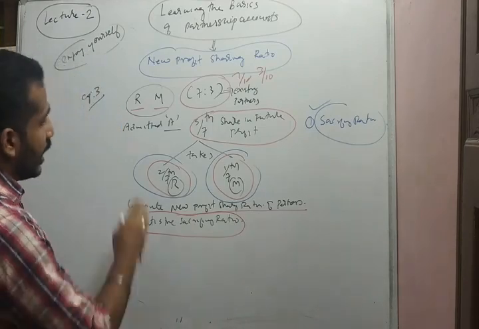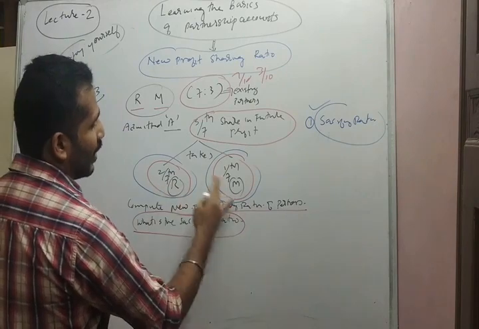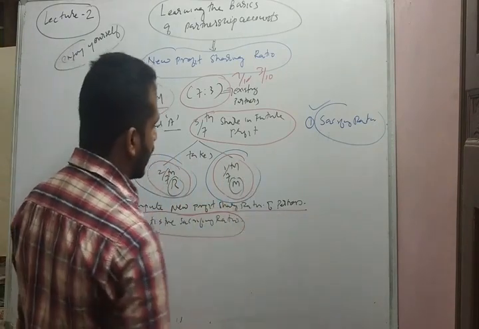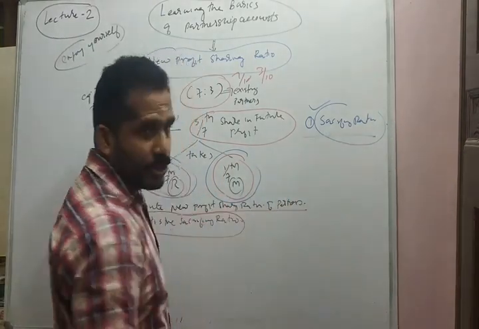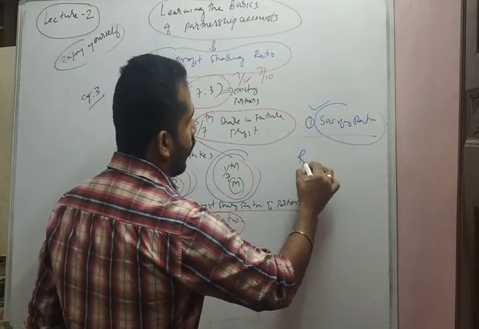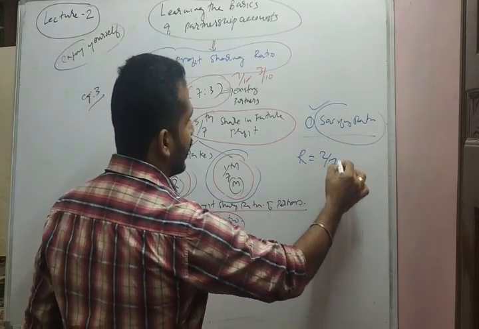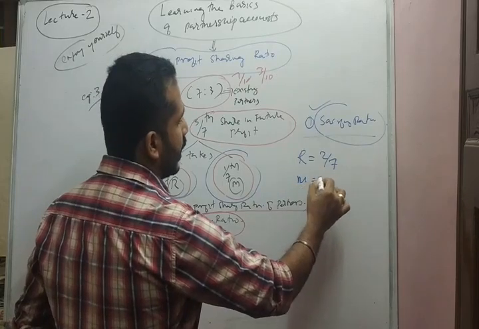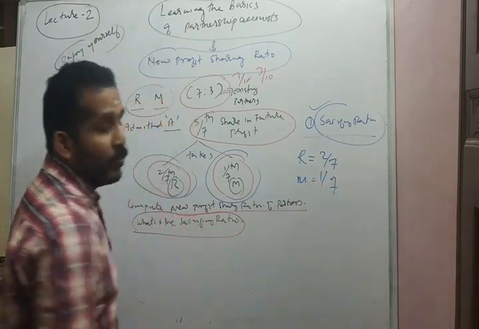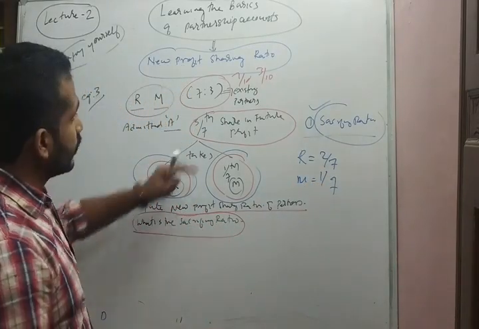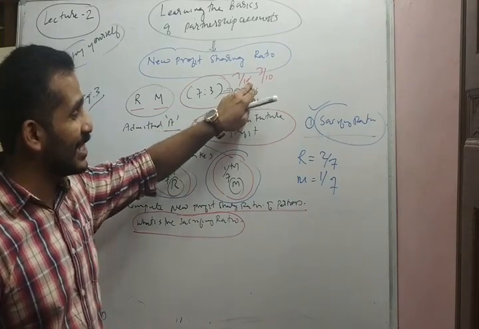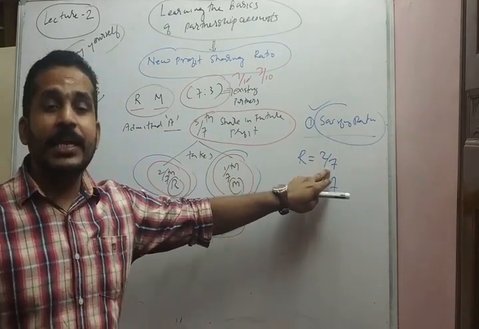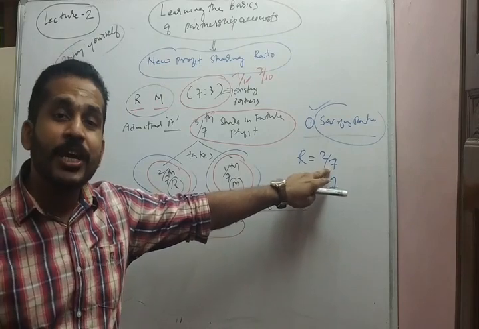In this question, the sacrificing ratio is given. Okay, what is the sacrificing ratio? Computation of sacrificing ratio: for R, it is 2/7, and for M, it is 1/7, which means that out of 7/10, he has sacrificed 2/7, and the remaining part will be his new share.